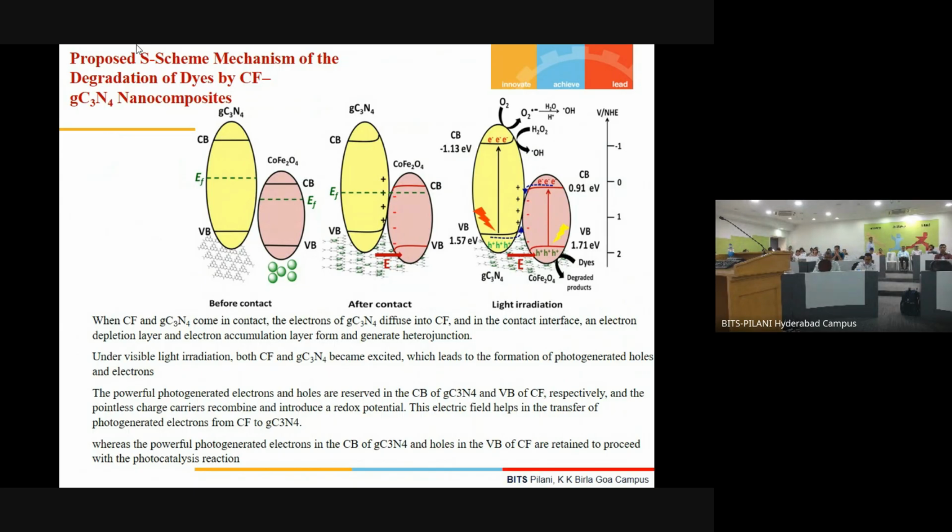Here we have used a sacrificial agent, H2O2, which is very cheap and environment friendly also. So that's how we explained our method.